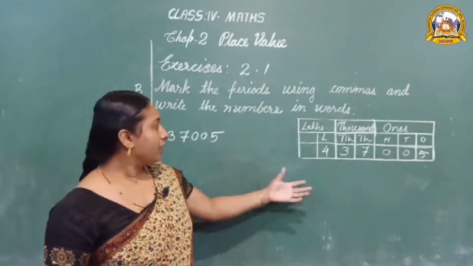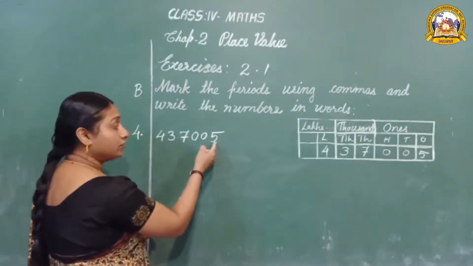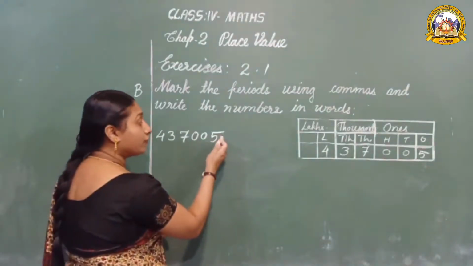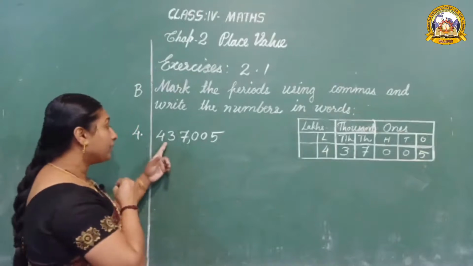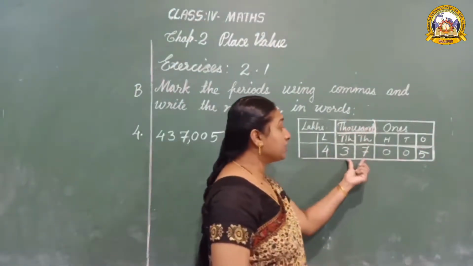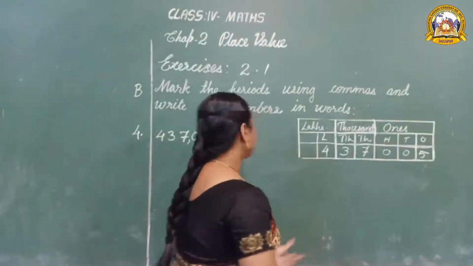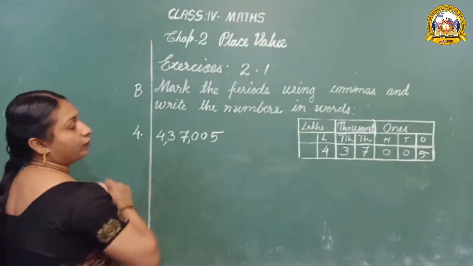Okay. How can we give the comma? Yes. Before 3 digits. Count from right side. 1, 2, 3. Here we can give a comma. Then after that, in thousands period, how many digits are there? Only 2 digits. So, before 2 digits, then 4 lakh.